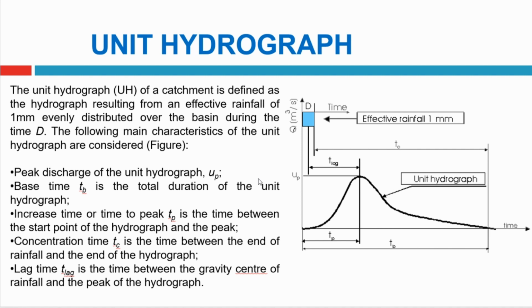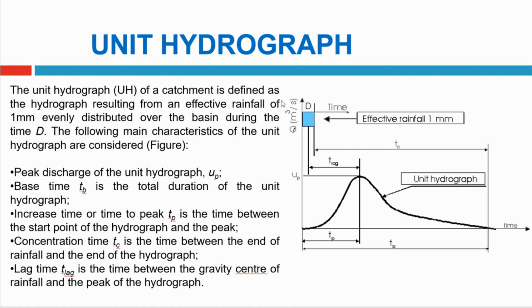Okay, now time T lag is there, you can see from this figure. So if this hydrograph is representing the rainfall, whatever the centroid of the hydrograph is, from there to the peak point, if I measure the time, this time is called T lag.